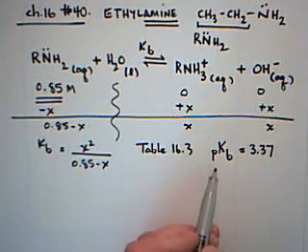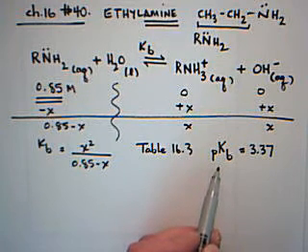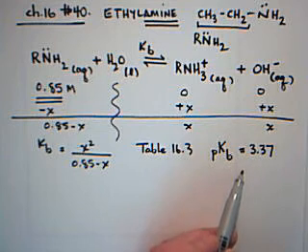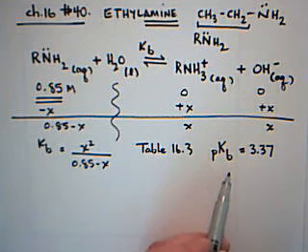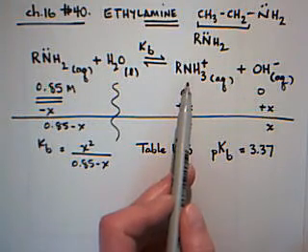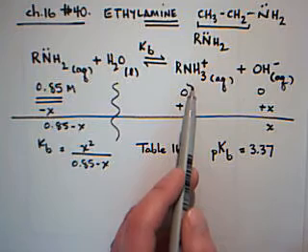Now, let's say on the exam it only had a pKa table. Well, then that would be listed as 10.63, right? Because they have to add up to 14. You would see a pKa for this species, the protonated ethylamine, and that pKa value would be 10.63.